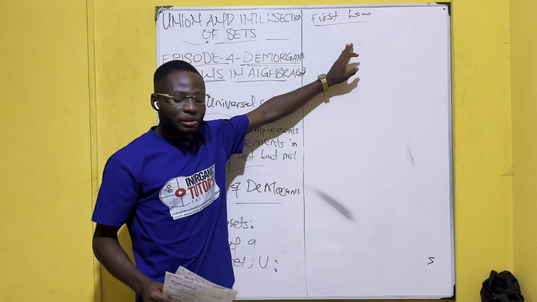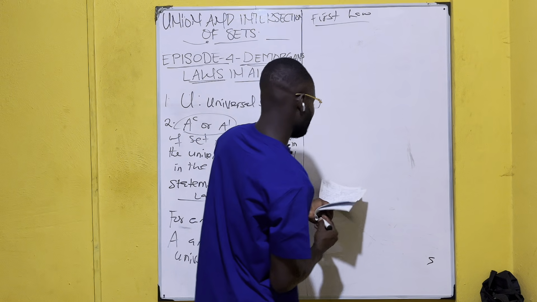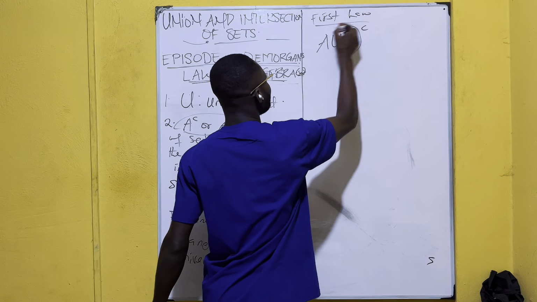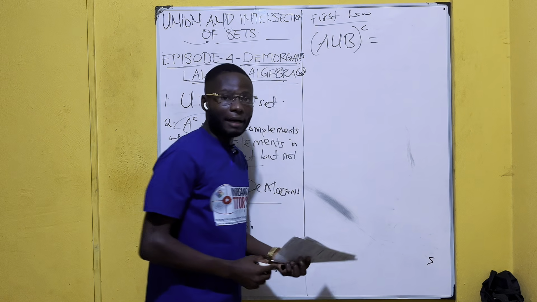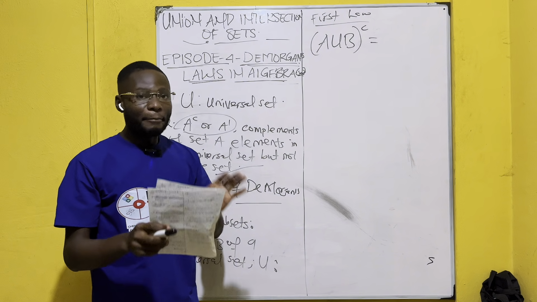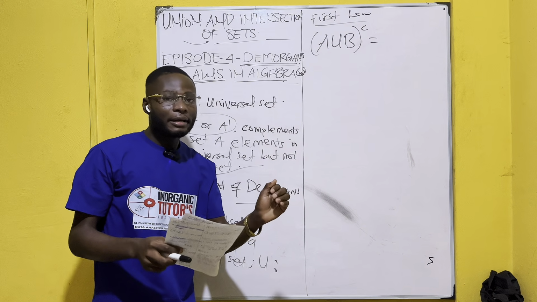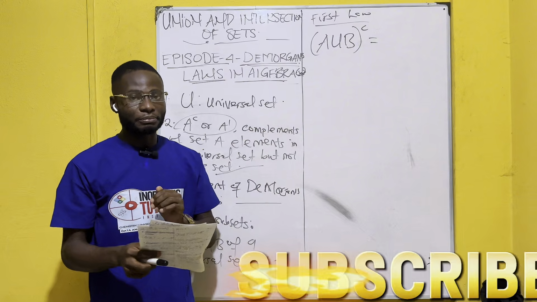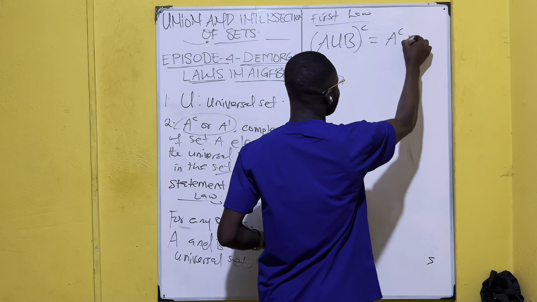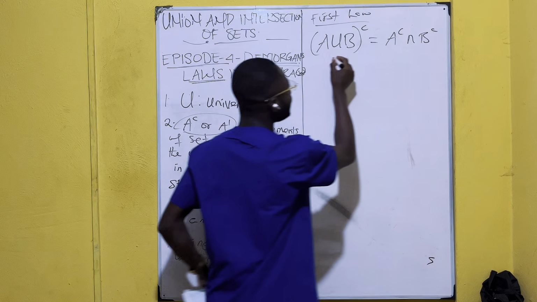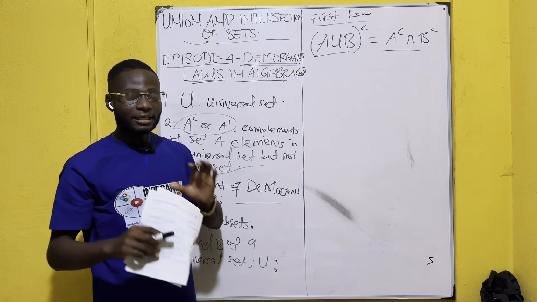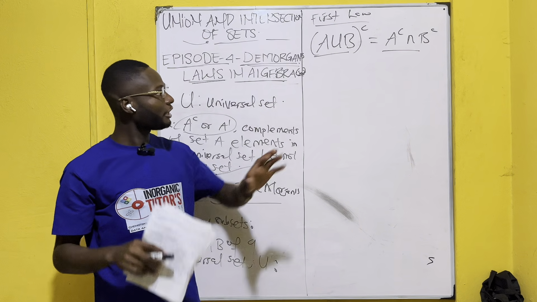Now, the first law says that if you have the complement of A union B, this means A complement intersection B complement. So this is the same as this. You see what De Morgan's is trying to do over here.